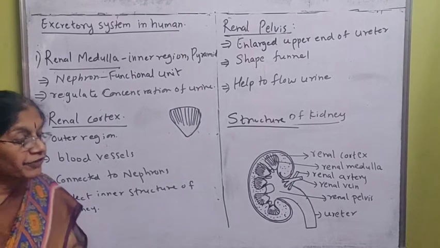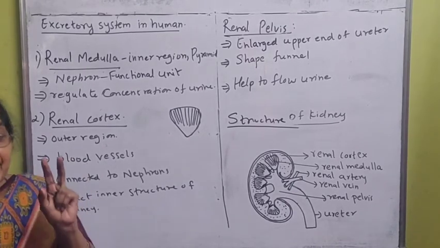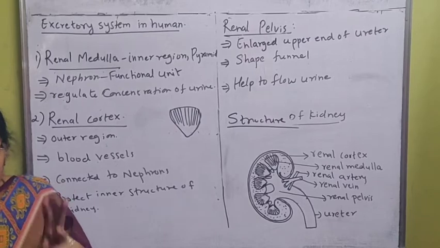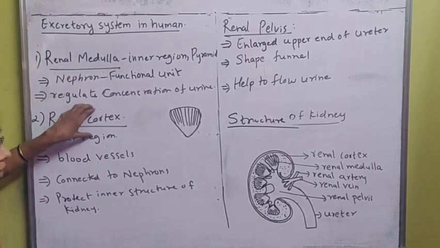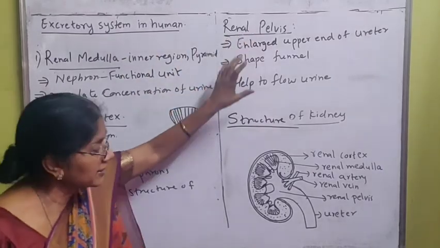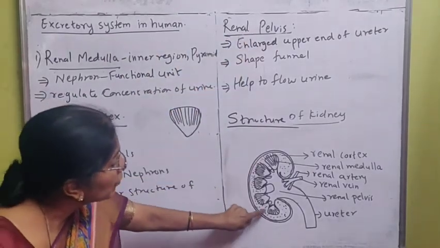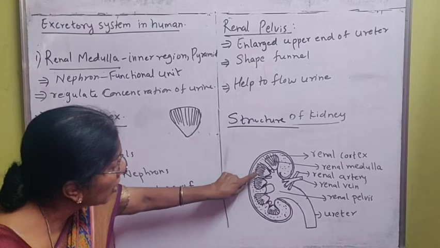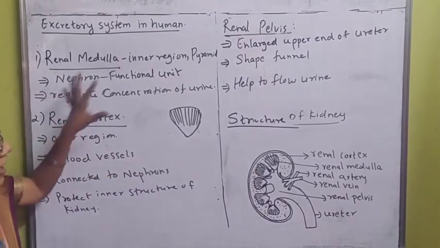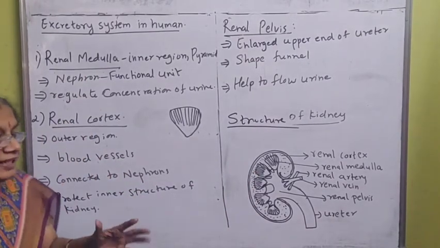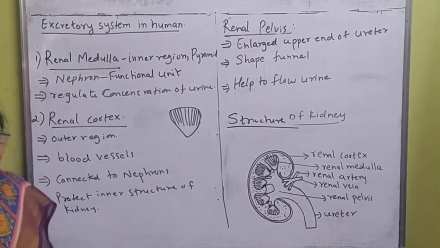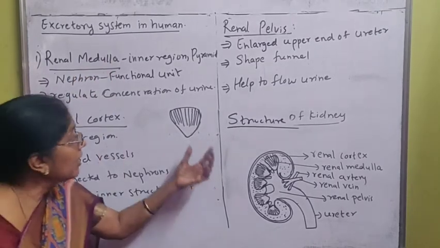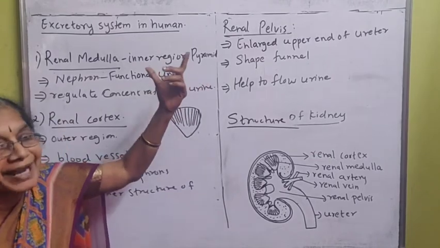So, the structure of the kidney. Into how many parts is the kidney divided? Three main regions: renal medulla, renal cortex, and renal pelvis. Whatever structures you are seeing over here are called the renal medulla. It is the inner region of the kidney. Its shape is like a pyramid.